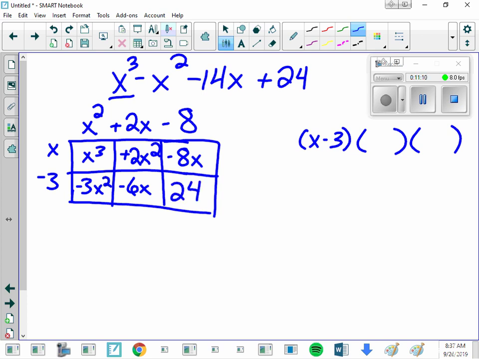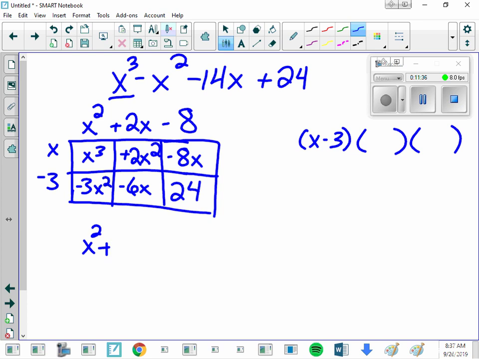Good or bad? Good. Because that gives me a remainder of 0, which needs to happen because we were told that x minus 3 is a factor of that polynomial. Okay, now, that's not the answer. Now, I take my answer from that piece, and I factor it to figure out what the other two roots are.